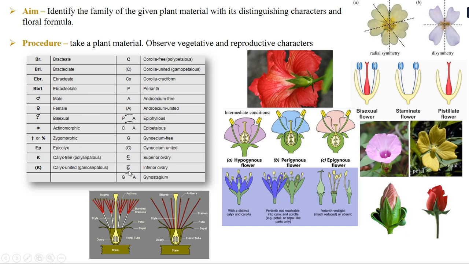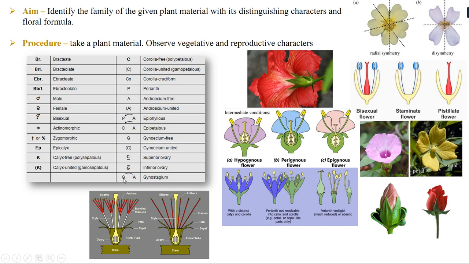And then there is one more case that is called the gynostegium case. In gynostegium, what actually happens is the androecium and the gynoecium, they are fused to each other. You cannot differentiate between the androecium and the gynoecium. So it is called a gynostegium case. Now over here, what do you do? You write G and A, that is gynoecium and androecium, and you show this curved bridge between the two.